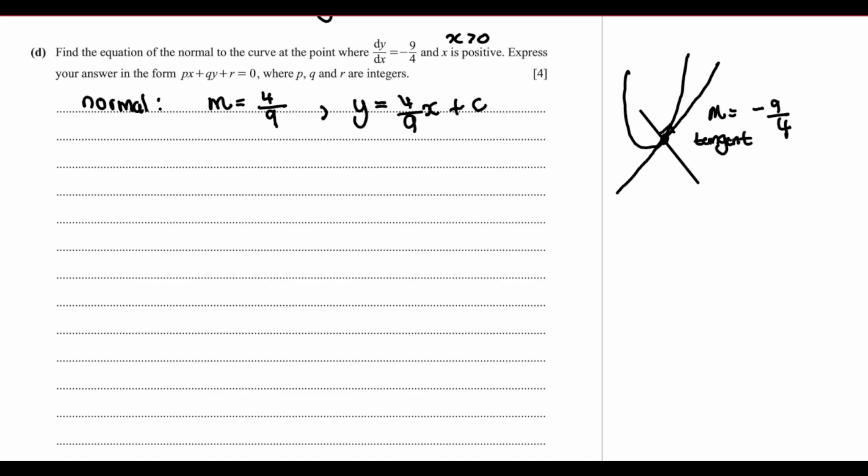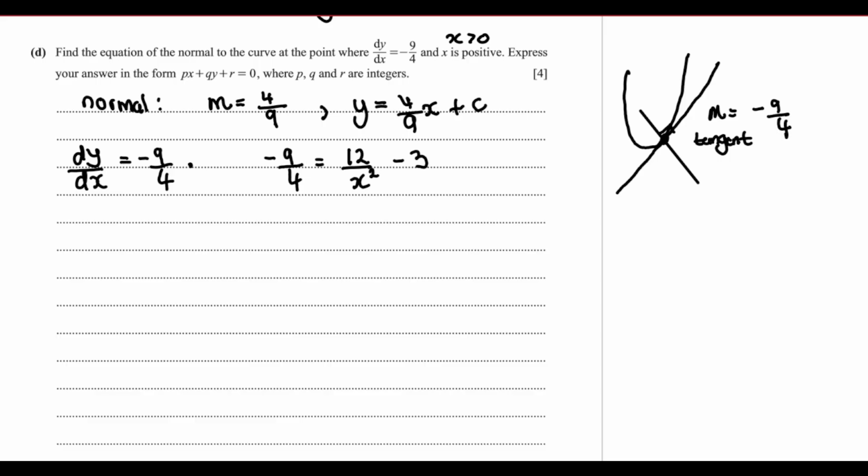We can figure out where it happens because we have dy/dx is negative 9/4, so we need to use that again. I can take that and equate it to the actual dy/dx, which is 12/x² minus 3.